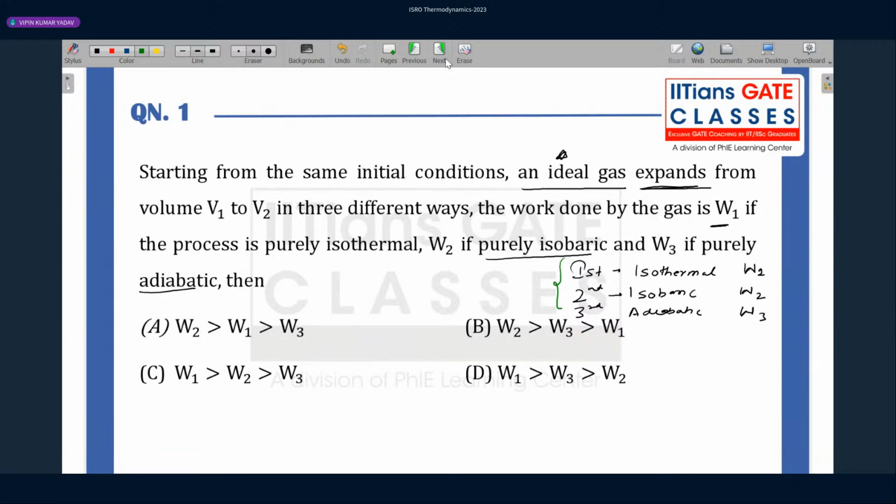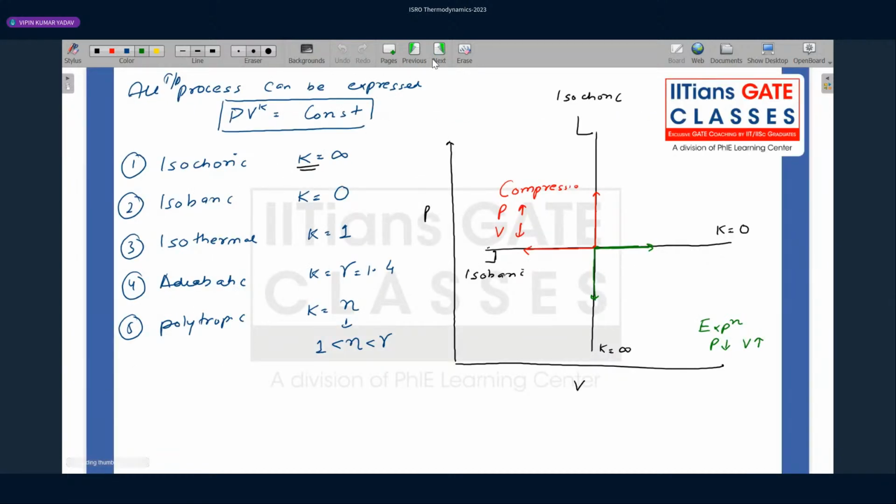Okay. Now, as we can see, this curve is basically isobaric. Okay. What will be isothermal? Now here slope is K equals 0. Here slope is K equals infinity. So basically slope is increasing in this direction.